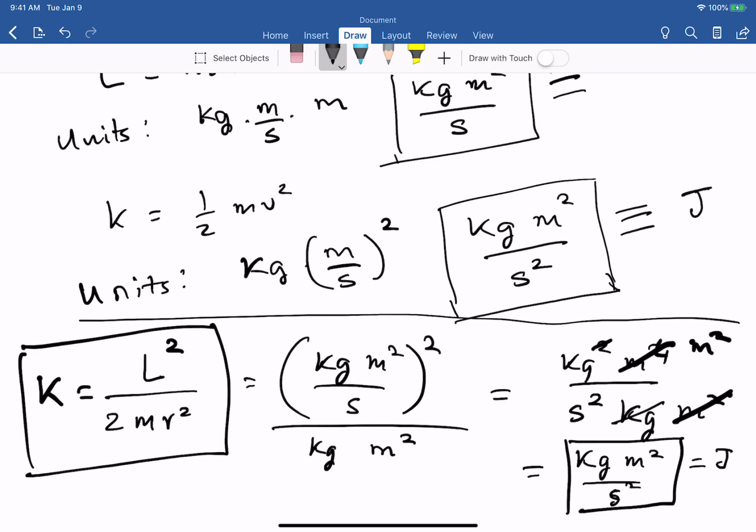You know that the L square and the mr square are in the right places. They work out. But what about this 2? How do you know whether it should be a 2 or a 2.5 or a 7? You have no way of checking whether this number is correct or not. But at least the physical quantities are in the right combination.